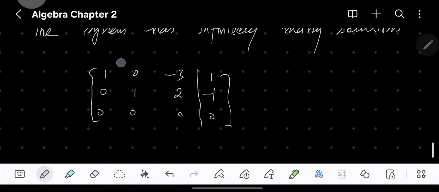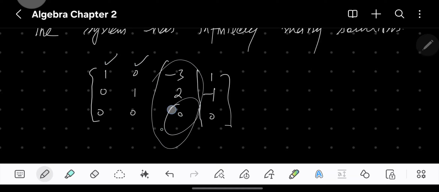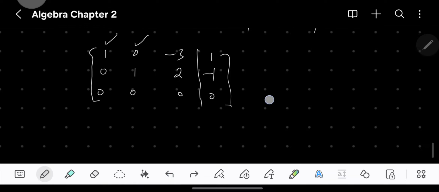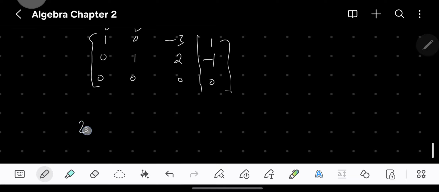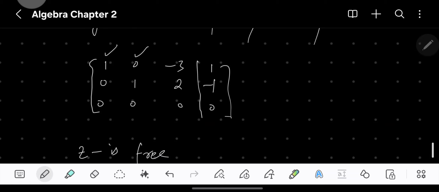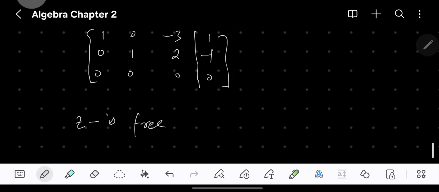Okay, got it. Now you can check that this is x, this is y, and there is no z from here, because z is free. So I will say that z is free. If there is no pivot entry in any column, the variable related to that column is a free variable.